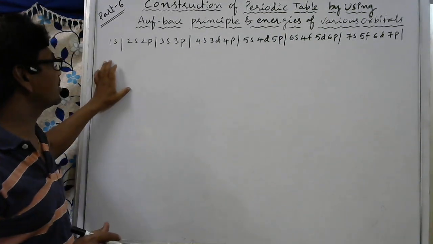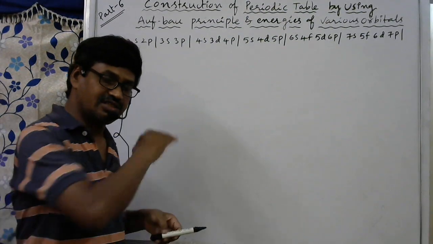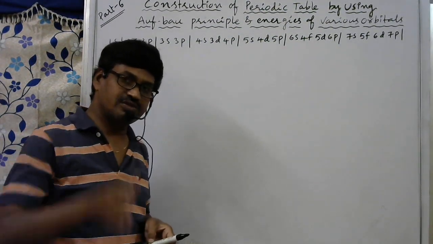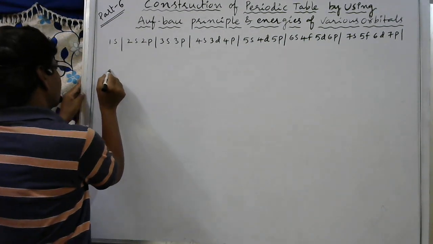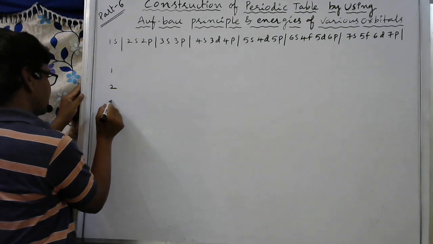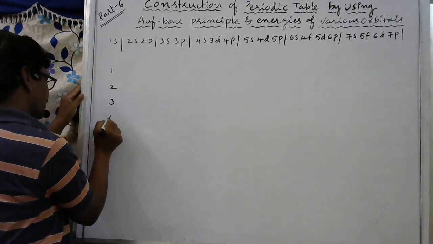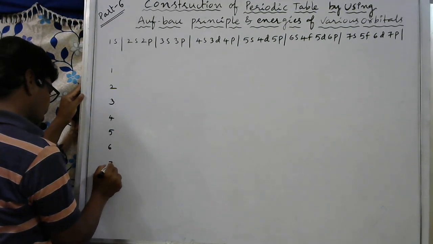Total how many periods are there? 7 periods are there. Periods are always horizontal lines and groups are vertical lines. So here I am writing 7 periods. This is the first period, this is the second period, this is the third one, fourth, fifth, then sixth, then this is the seventh.